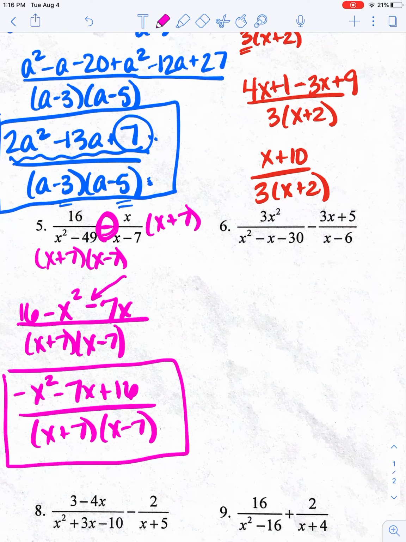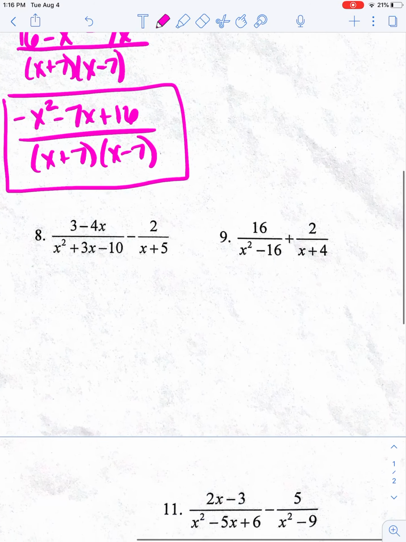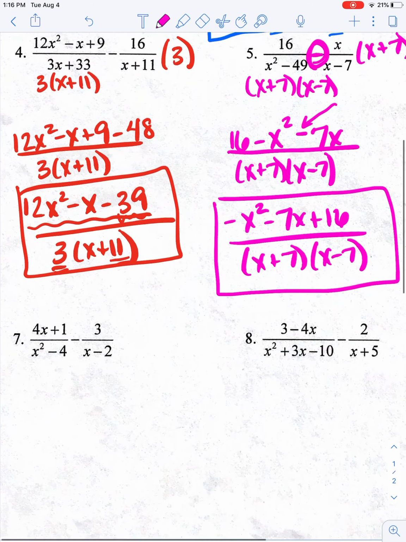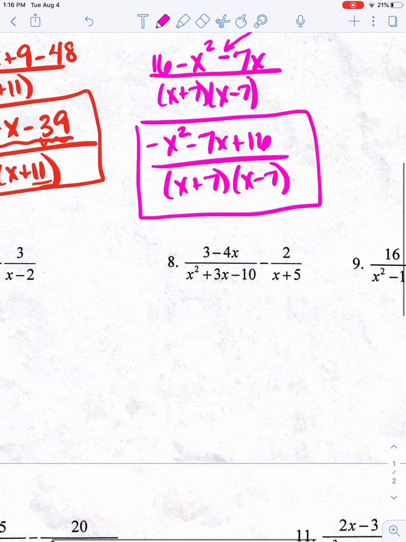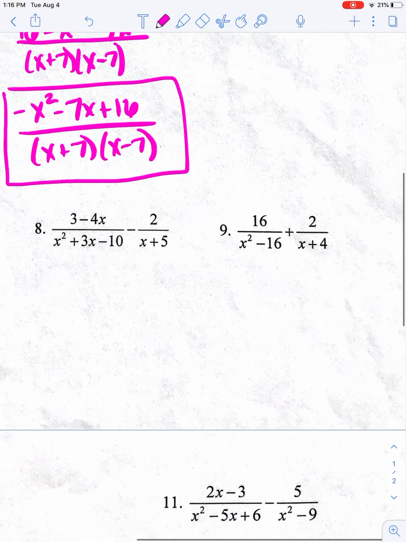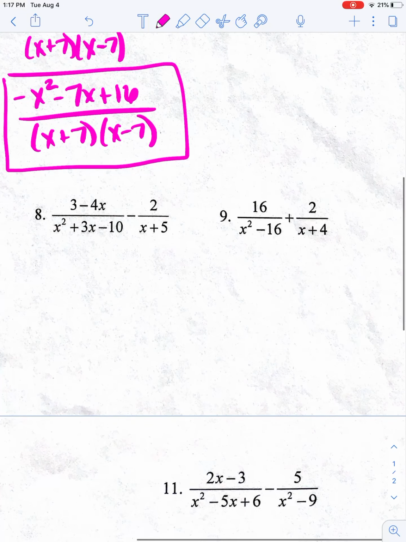Number 6 is really similar to that, and so is number 7. And I'm looking for something that maybe is a little different. Let's look at number 9. Okay, so number 9 starts very similar.